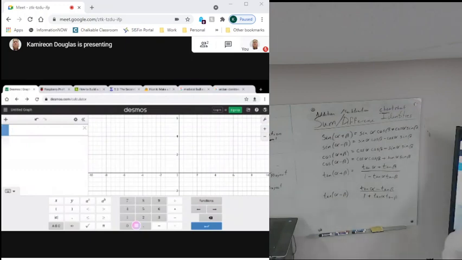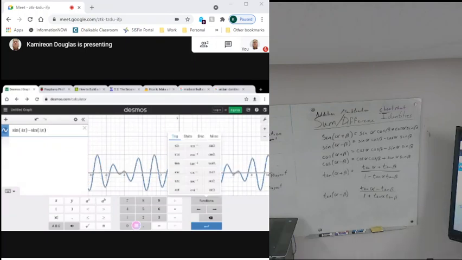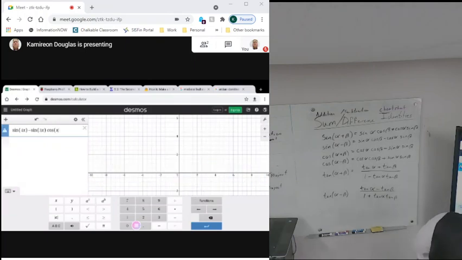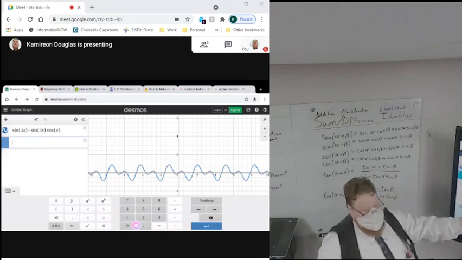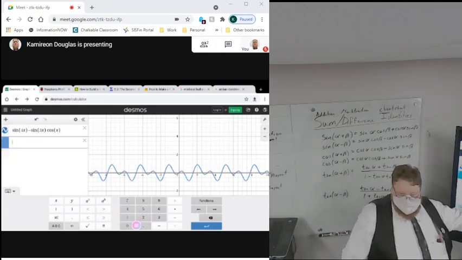F of x is sine of 4x minus sine of 3x times cosine of x. I love these ones because they just look so cool. Look at that, it's like a heart attack.